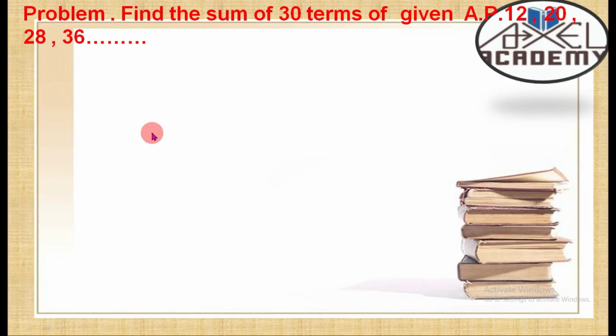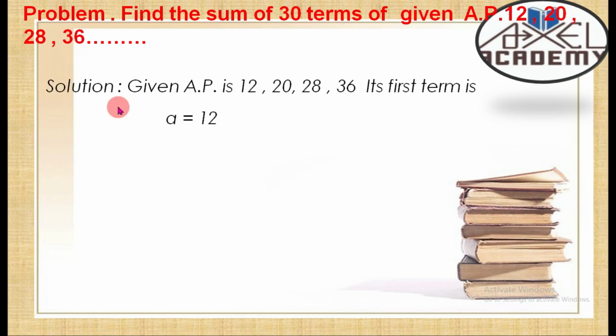Okay, so now let's take an example on how we can find the sum of n terms. Here there is a question: find the sum of 30 terms of the AP 12, 20, 28, 36. The sequence they have given is 12, 20, 28, 36, which is in AP.